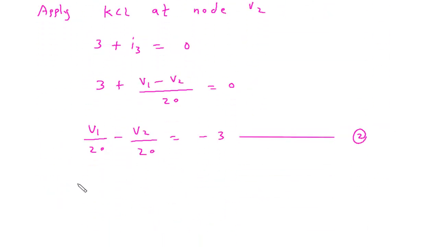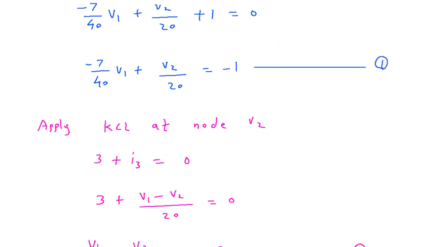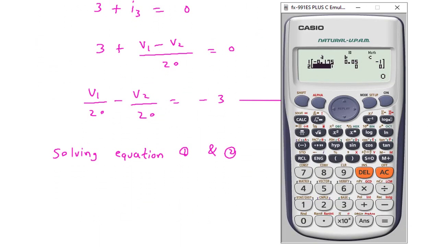Now solving equation 1 and 2 we get the determinant: minus 7 by 40 plus 1 by 20, minus 1, this will be 1 by 20, 1 by 20 minus 1 by 20, minus 3.